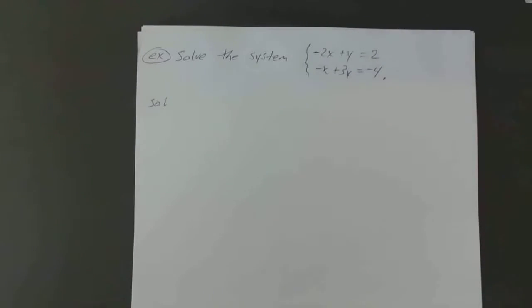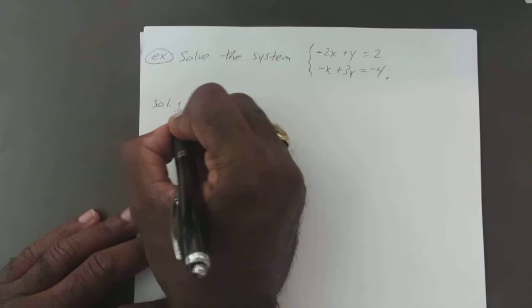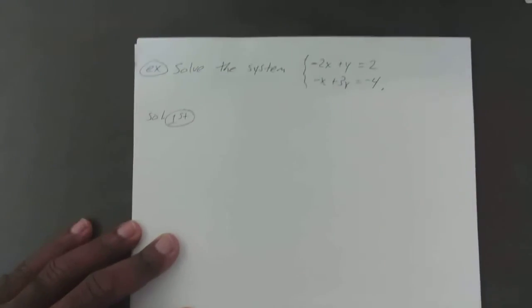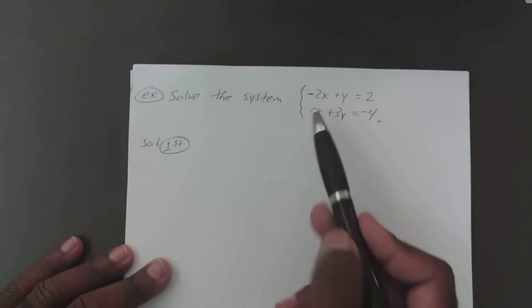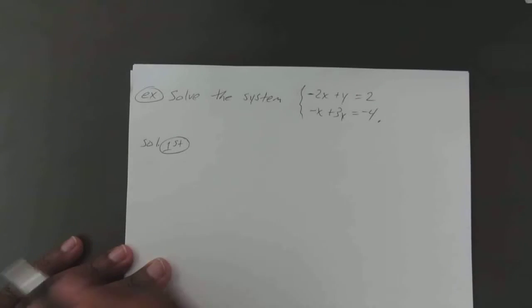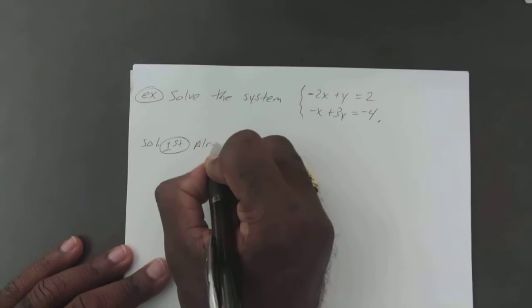Okay. So now, first thing you want to do is make sure it's in standard form. Okay, which means every variable has to be on the left side. Okay, so we have all of our variables here, so it's already in standard form, so you don't have to worry about that.